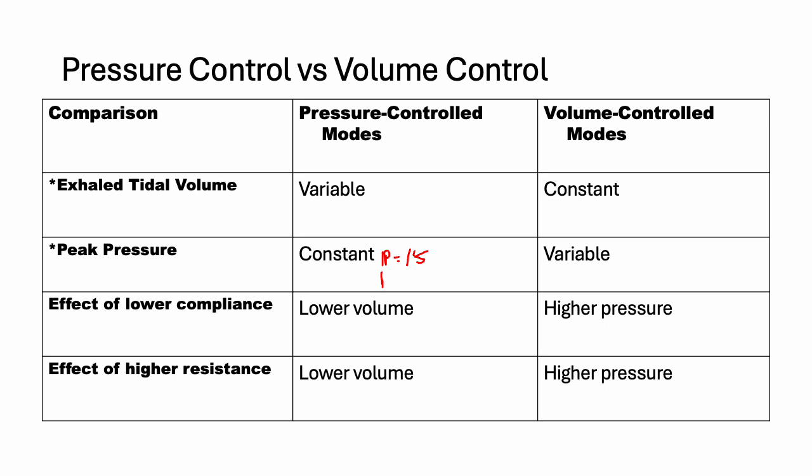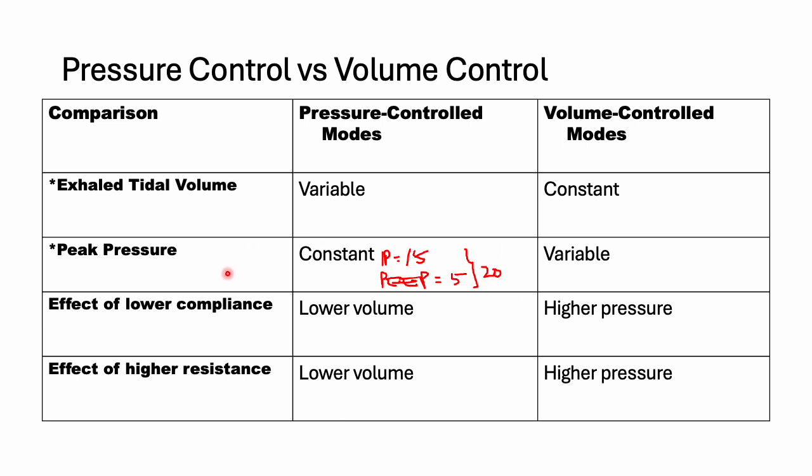Then the machine also has, oh pardon my very bad control of my mouse, let's just say the PEEP is 5, right? So what's the total? 20, right? Total pressure is 20. So then the peak pressure on the machine should also read 20, therefore constant.